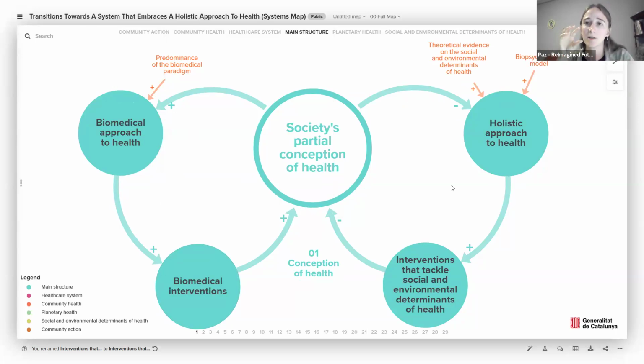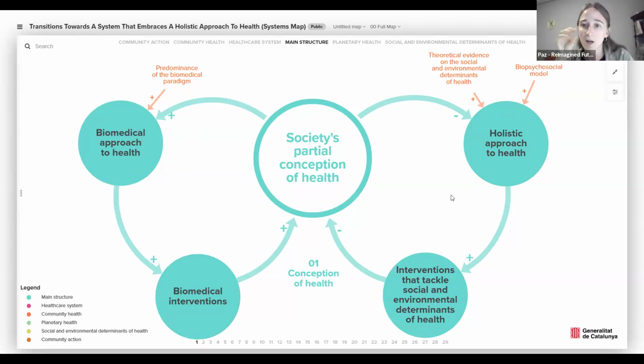This is a systems archetype called success to the successful. So in this success to the successful dynamic, the more society reinforces the biomedical approach to health, the more it shapes that collective conception of health, increasing its dominance and leaving the holistic approach to health more under-recognized and under-resourced.